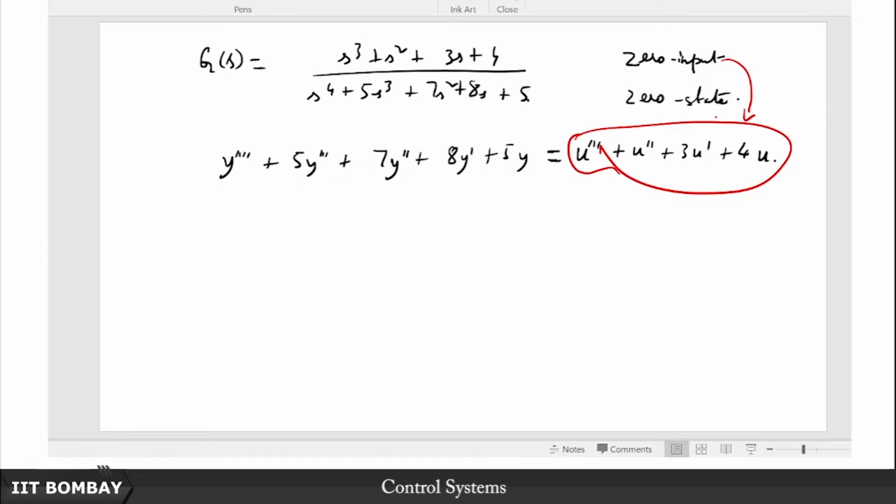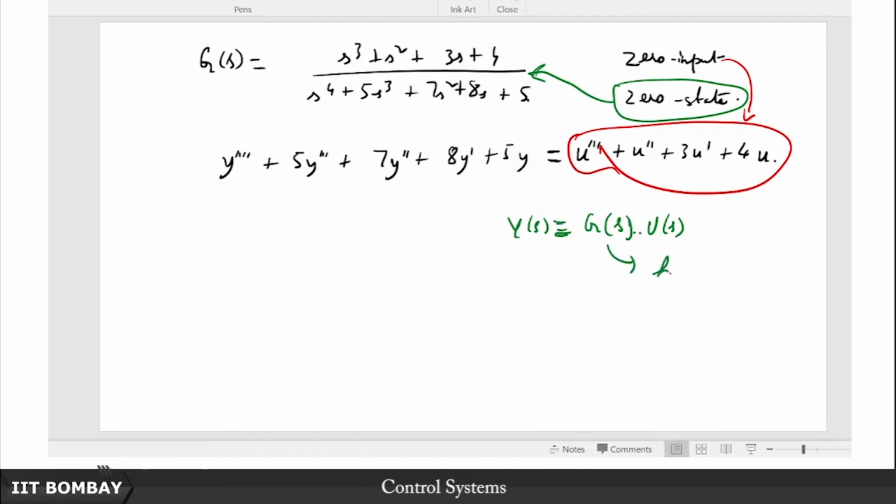Similarly, when we are considering the zero state response, this transfer function suffices. So we assume that all the initial conditions are 0, right? And we just say that we look at Y(s) is equal to G(s) times U(s), right?